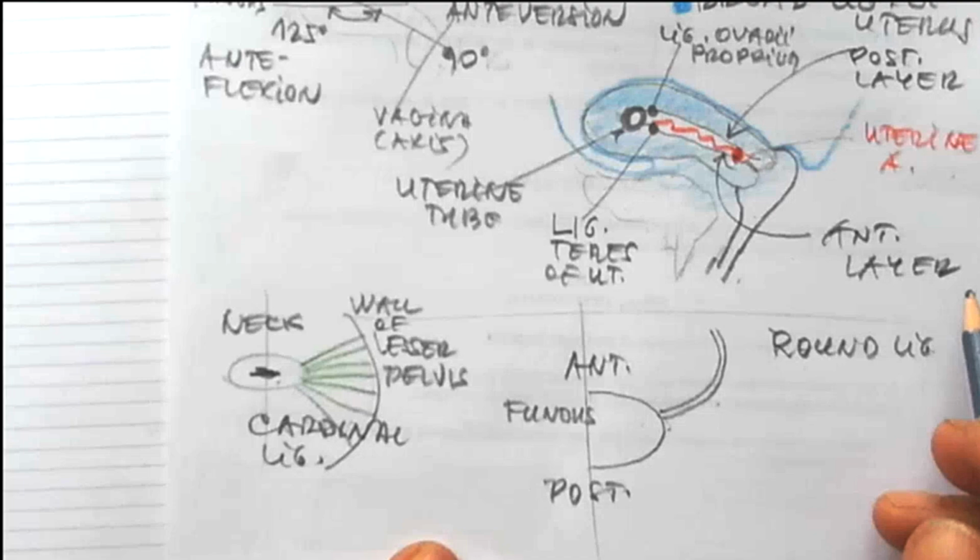We know that the ovarian artery descends from the aorta, right? And the ligament is also called ligamentum.